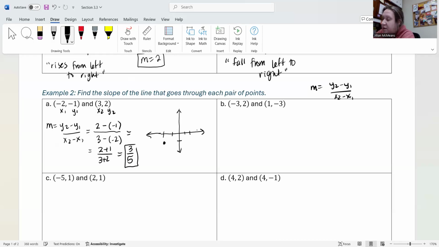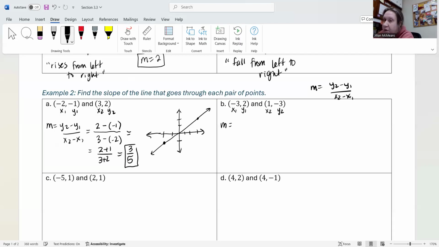We had the point 3, 2. So our line would be doing something like this. And notice we had a positive slope and we have a line that's going uphill from left to right. We weren't asked to graph it, but I think it's nice just to have a visual here. All right, for part B, let's go ahead and label them. So the first point I'm going to say is x1, y1. Second point is x2, y2.